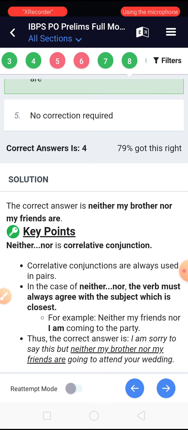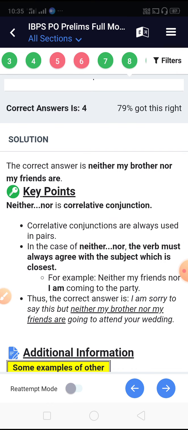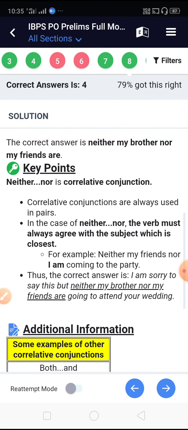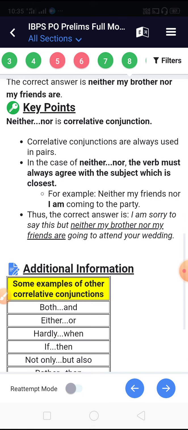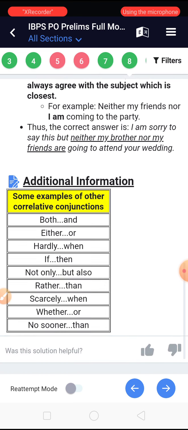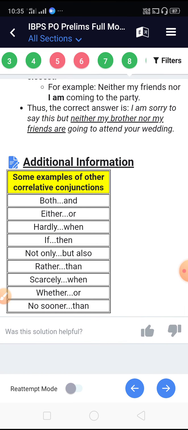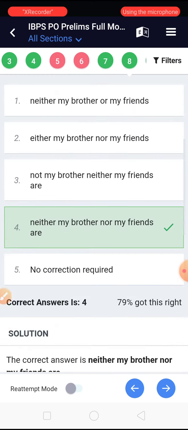The verb must always agree with the subject closest to it. For example: neither friend nor I am. So the correction is neither brother nor friend is attending the wedding. Other pairs: both and, hardly when, not only but also, rather than, scarcely when, whether or, sooner than.